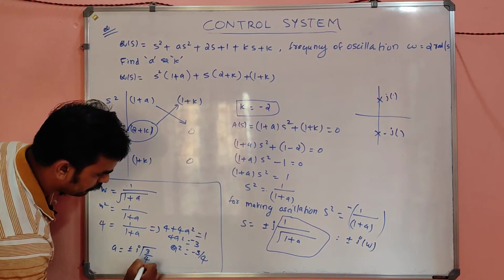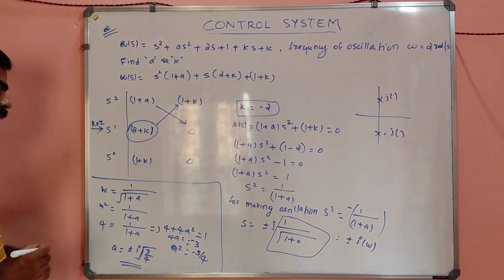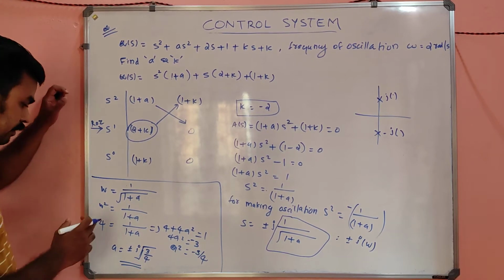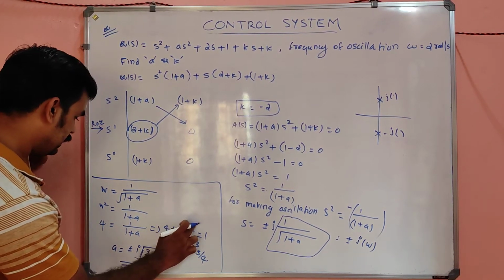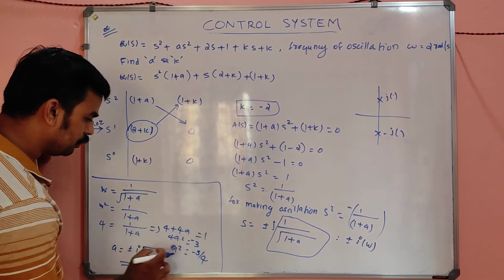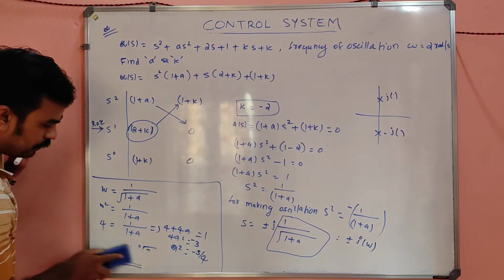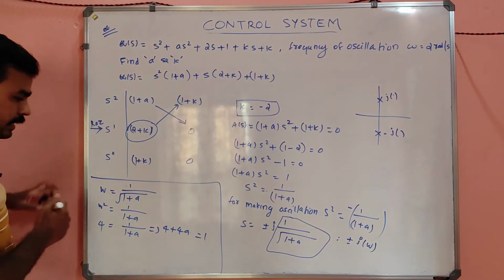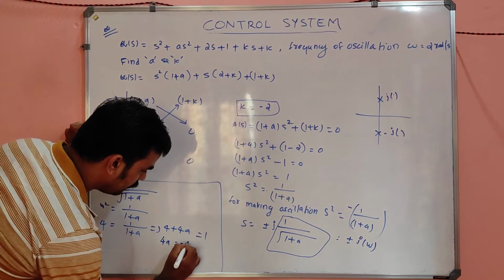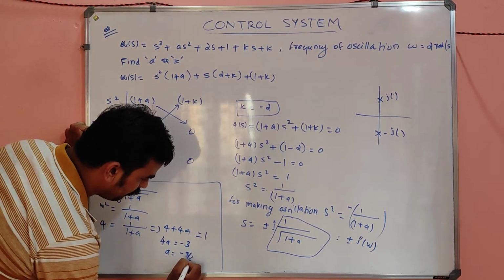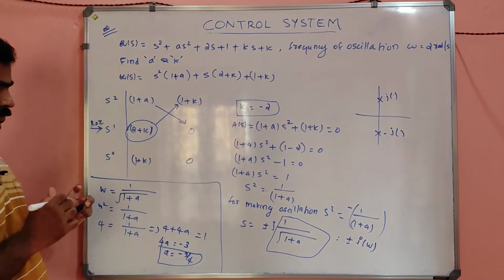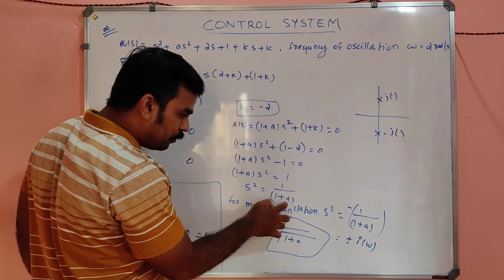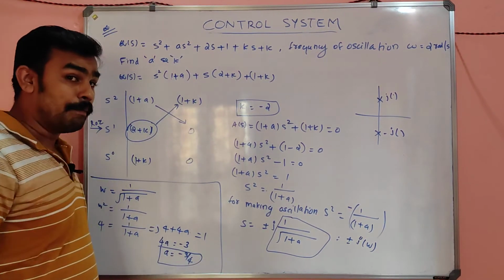Oh sorry, not a square, it is simply a, my dear. 4 plus 4a equals 1, or I can say 4a equals minus 3, so a equals minus 3 by 4. If I substitute a equal to minus 3 by 4 here, my dears, what happens?